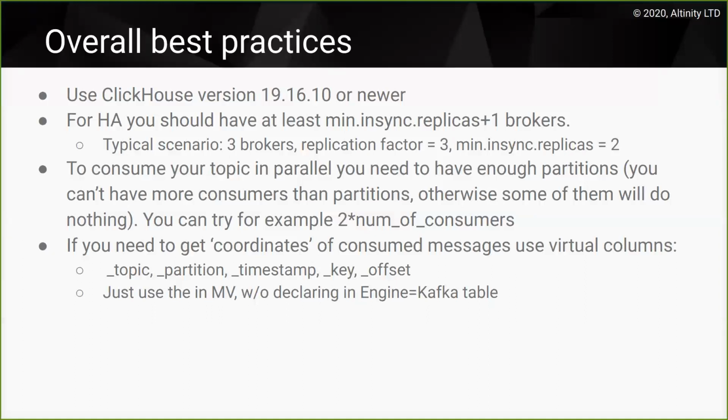First of all, we highly recommend you use the latest Altinity stable version, which is now 19.16.10. There were a few important fixes for Kafka which at that point exist only in that version. So if you use other versions, you can face some issues. But that version is really approved. We know it's working.